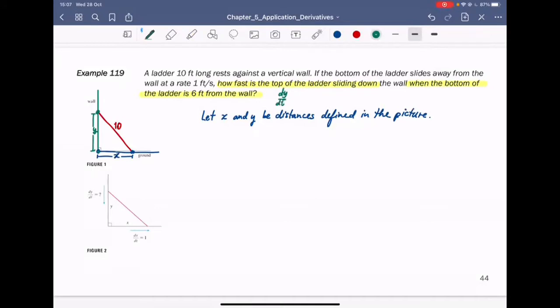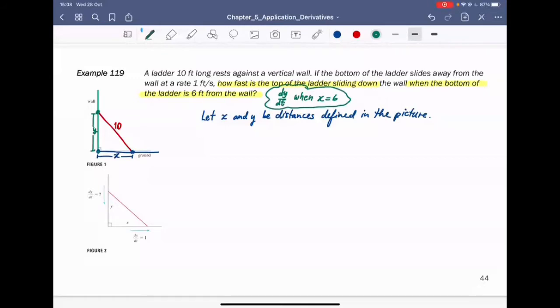They want to know the rate of change of the distance that you measure from the top of the ladder. That is dy by dt. They ask for dy by dt when the bottom of the ladder is 6 feet away from the wall, so when x equals 6. You want to solve for dy by dt when x equals 6.